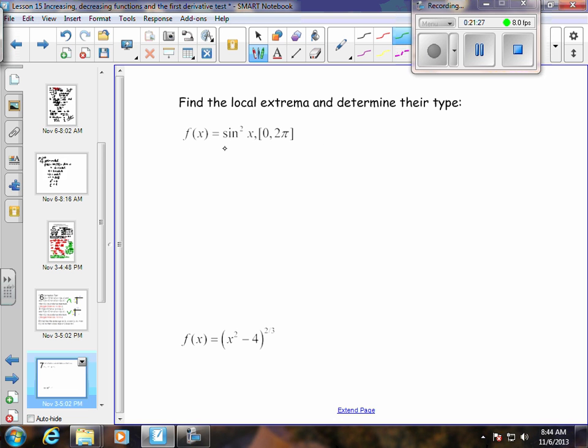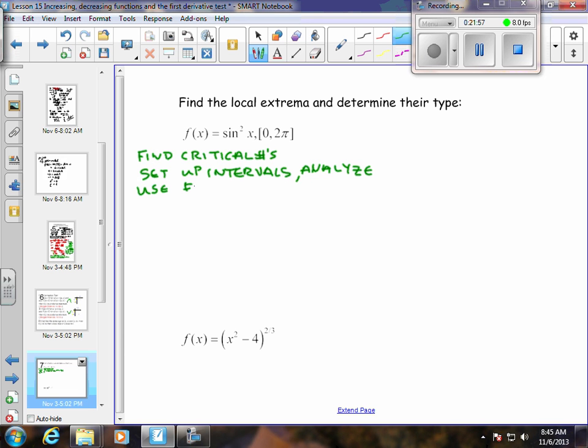So we find the critical points, critical numbers. We set up our intervals, and analyze them, and then use the first derivative test.